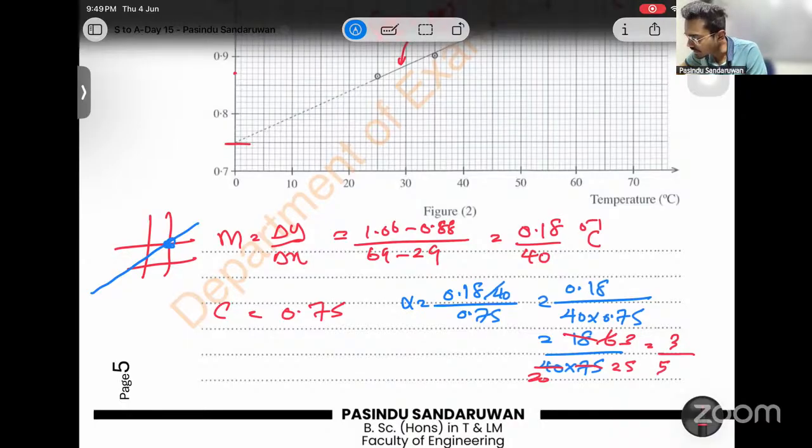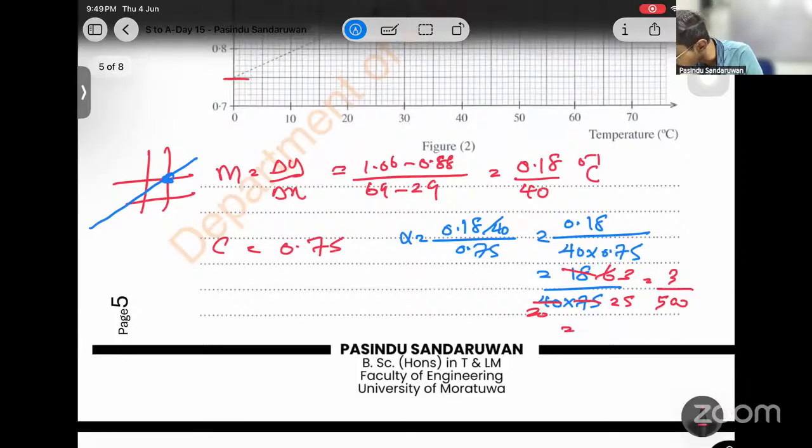It is simplifiable, because 3 over 5 is 0.6. Then this is 6 times 10 to the power minus 3 per degree Celsius.